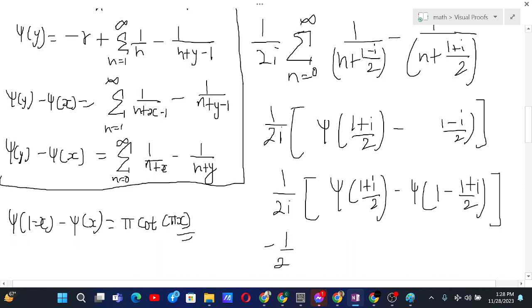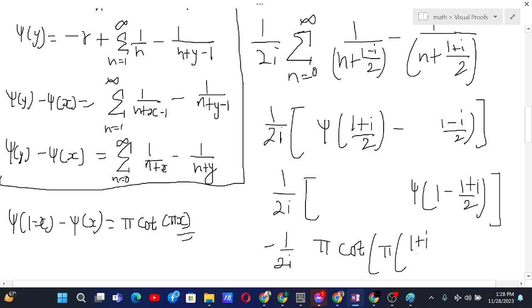And then minus 1 by 2i. Now we will have the same order, and then we can use the formula that gives us pi times cot of pi times this thing x, that is 1 plus i by 2.